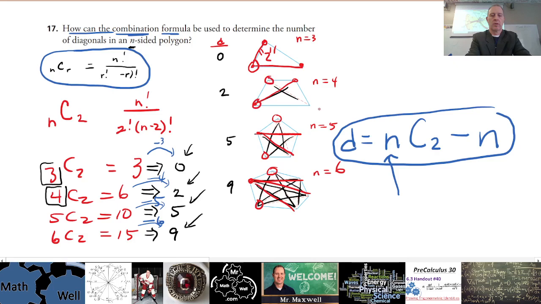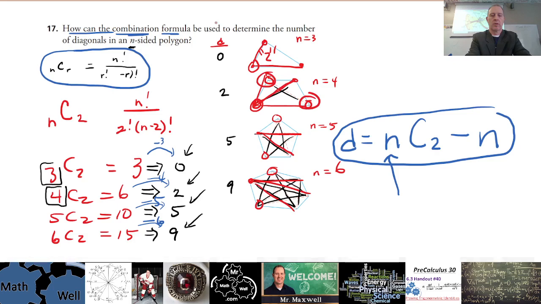Those 2 are a common thread throughout. The diagonals have to come to points other than the 2 that are immediately next to the vertex. So a diagonal can only be made with other points that are not of the important 2. So there's always that 2 that shows up.